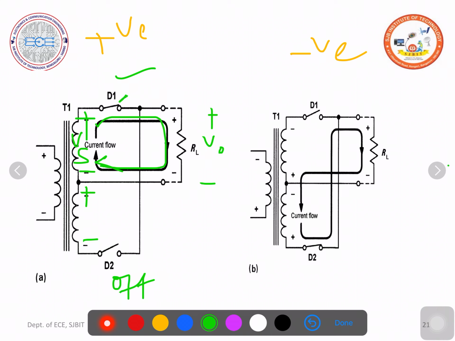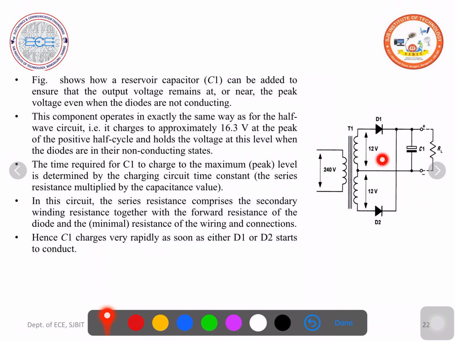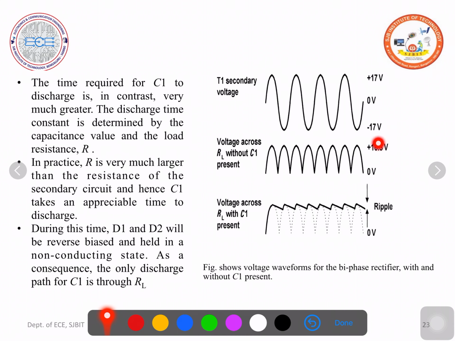Now connect a reservoir capacitor across the load to smooth the output of the rectifier, which is pulsating DC. Now the output voltage will become 16.3 volts. This is the output voltage across the load when there is a reservoir capacitor.